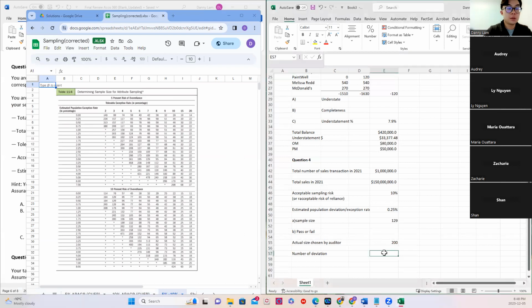And then they might ask you in the exam to compute the sample exception rate. That's a fancy word for just 5 divided by 100. So that's 2.5%. And then what's your computed upper limit?